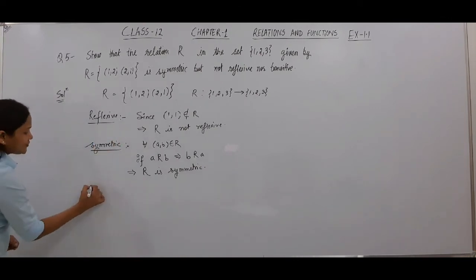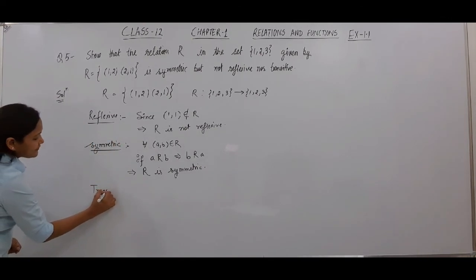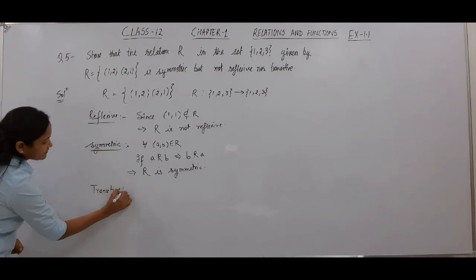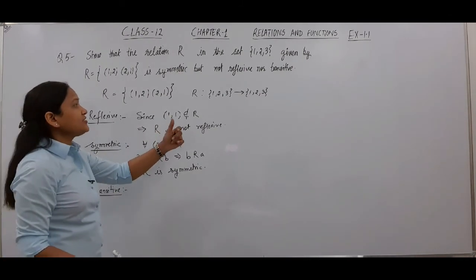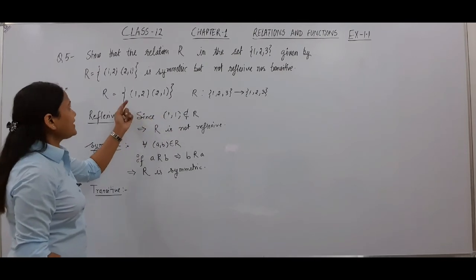Now let us check for transitive. And transitive relation says, ये property कैसी होती है?